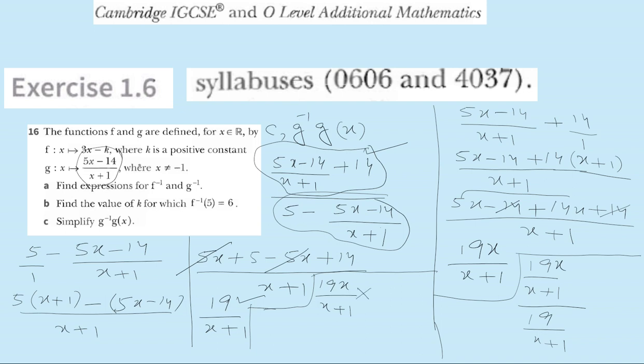That is, this 19 upon x plus 1 becomes x plus 1 upon 19. So x plus 1 cancels by x plus 1, 19 cancels by 19. The final answer is x. I really enjoy doing this part. This is a very important, very interesting part. So this is the answer of part C, that is x.